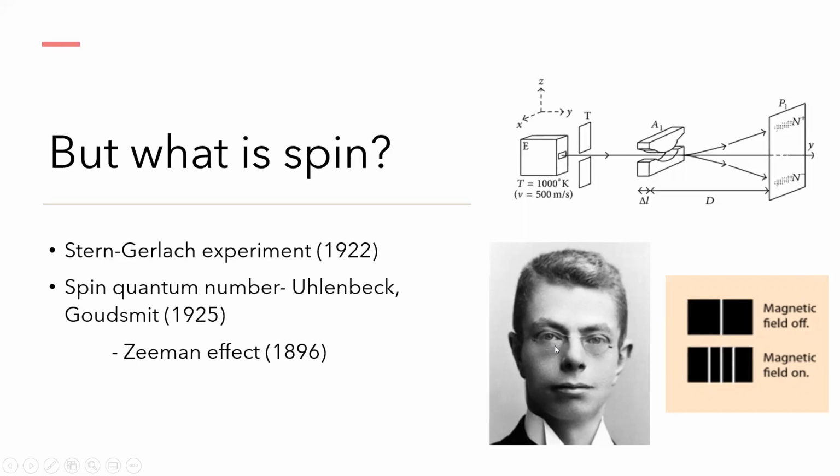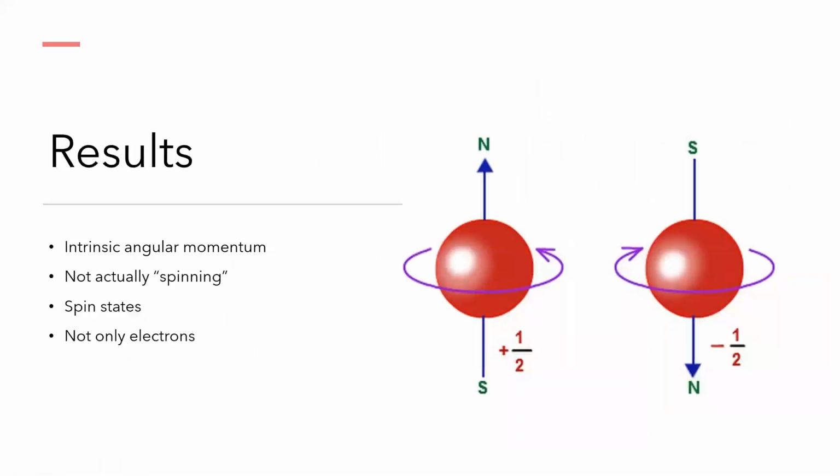And so that effect was named the Zeeman effect, and Uhlenbeck and Goudsmit were studying that effect, and they hypothesized that the Zeeman effect was a result of an intrinsic property of particles, that they had intrinsic angular momentum, which gave them these magnetic properties. So the result of these hypotheses and experiments is that we have this property called spin, and it's intrinsic angular momentum.